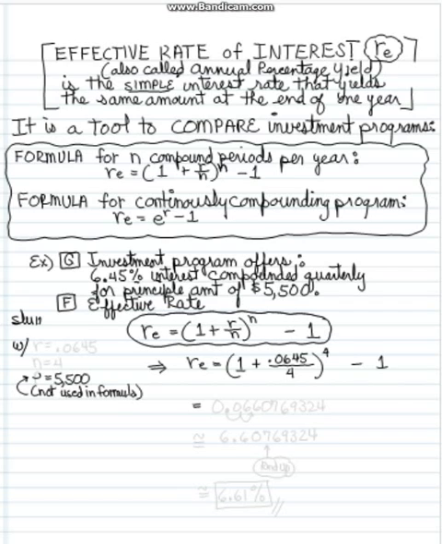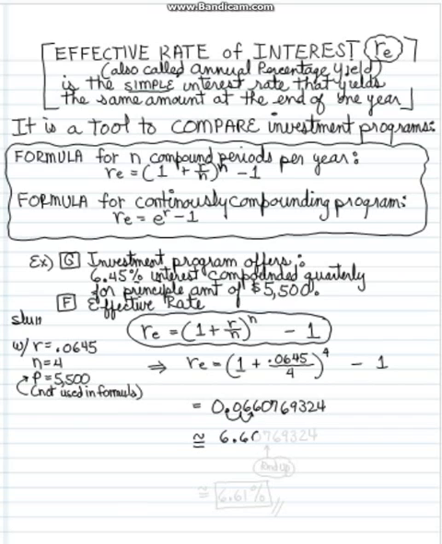So we've got our values here, and R sub E is equal to 1 plus 0.0645 over 4, raised to the 4th power, minus 1. So you're going to carefully run that through your calculator, and you're going to get 0.06607693324.